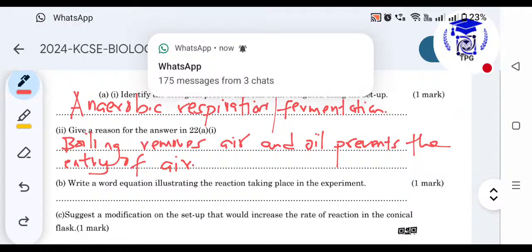Write a word equation. So you can see there was glucose and yeast.